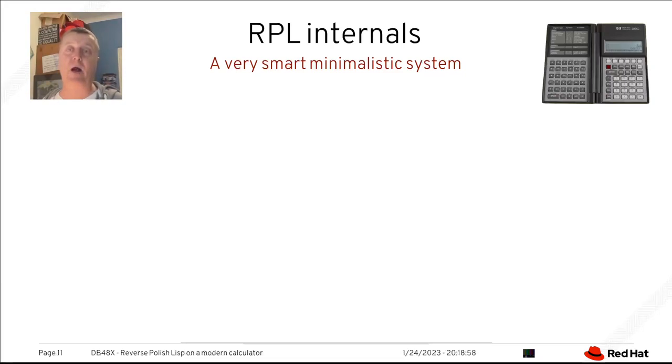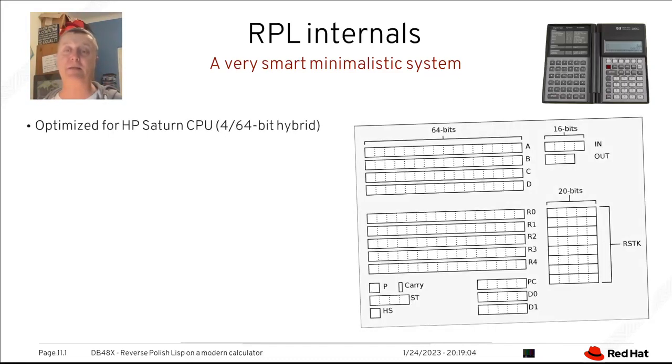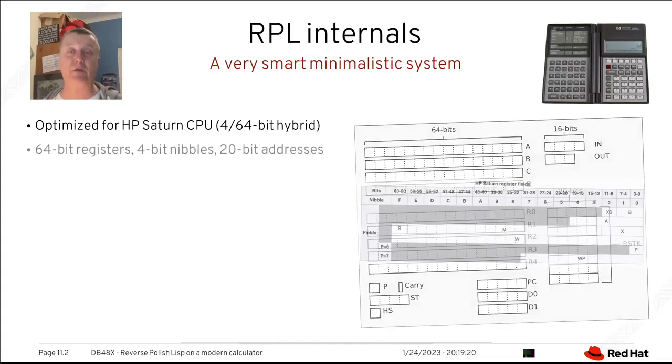Now, how does RPL work inside? It's very interesting because it's a very smart minimalist system. So first of all, it's optimized for the HP Saturn CPU, which is a descendant from CPUs built for earlier calculators. And that's a 4-bit CPU with 64-bit registers designed mostly for floating point.